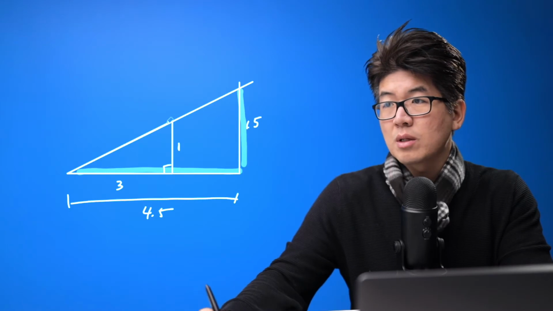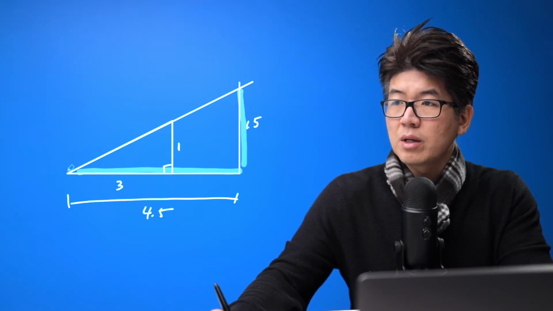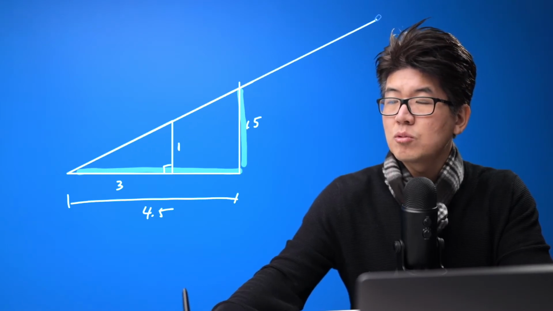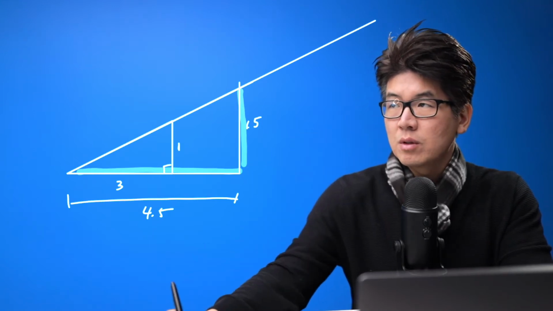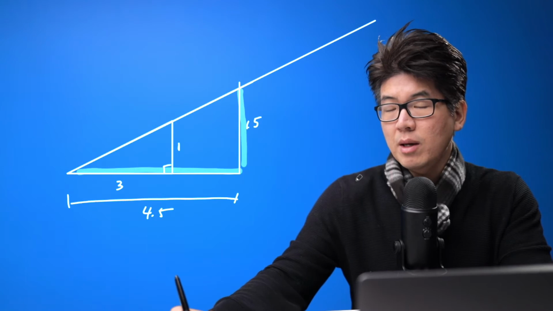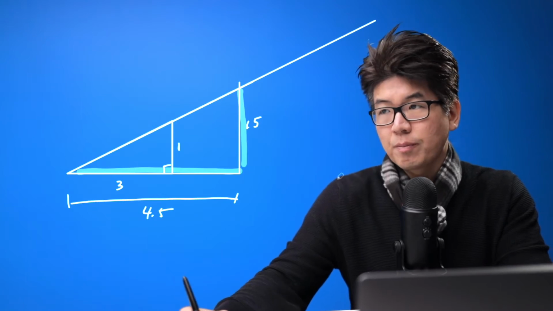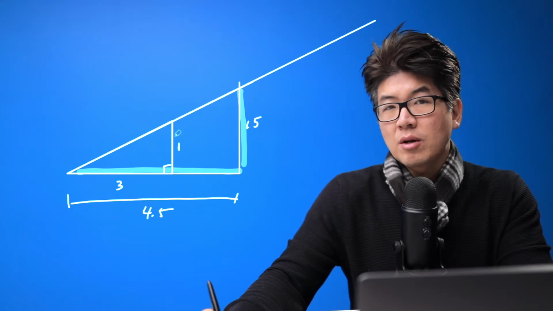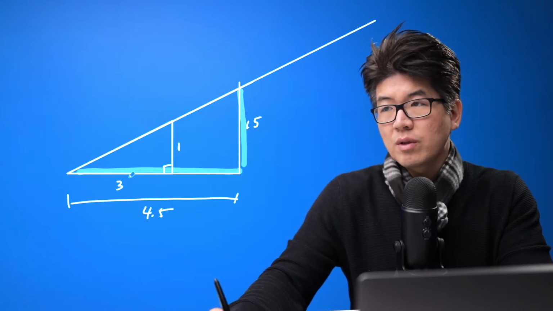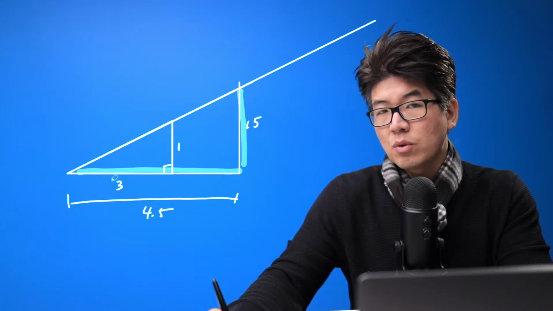And if I keep doing this, as long as I keep drawing a triangle that fits under here, the ratio of this height and the base will be equal. So the key thing here is that 1/3 is not the only way to get 1/3.